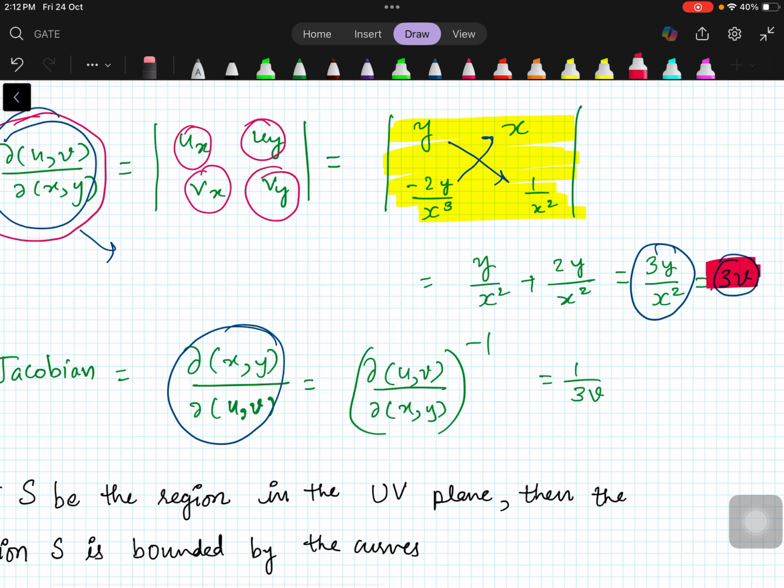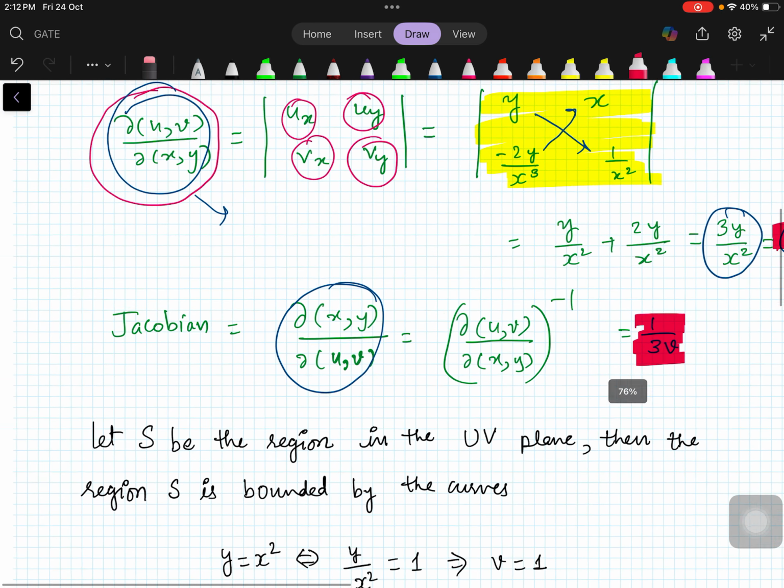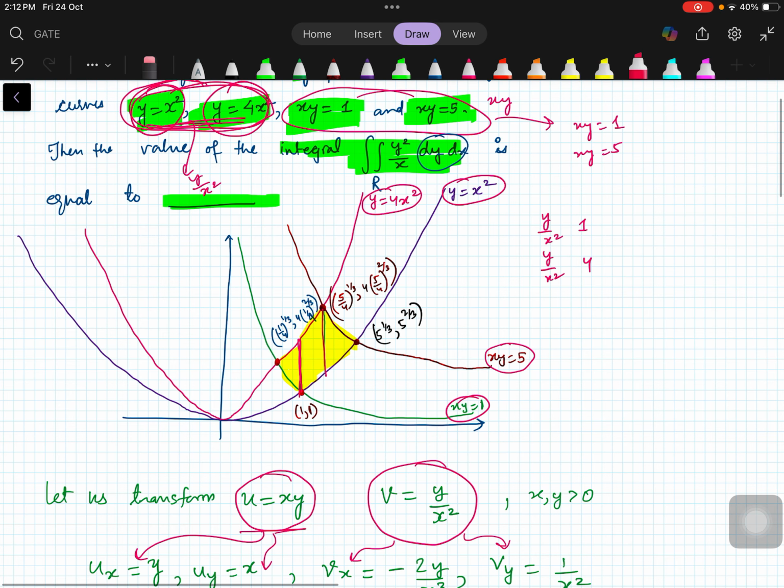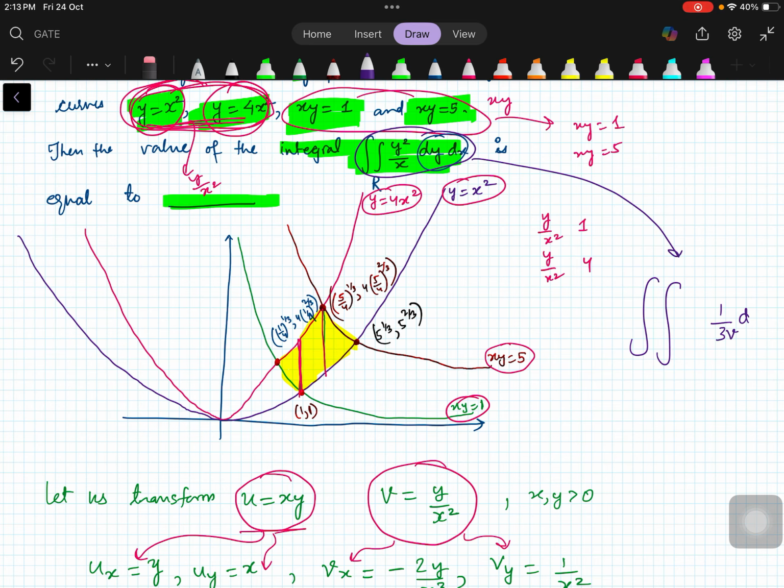So the reciprocal of 3v is 1 by 3v, right. That means this integral will be transformed to 1 by 3v du dv, in place of dy dx, and in place of y upon x square we have to see what we can write, and we also have to look at the region, right.